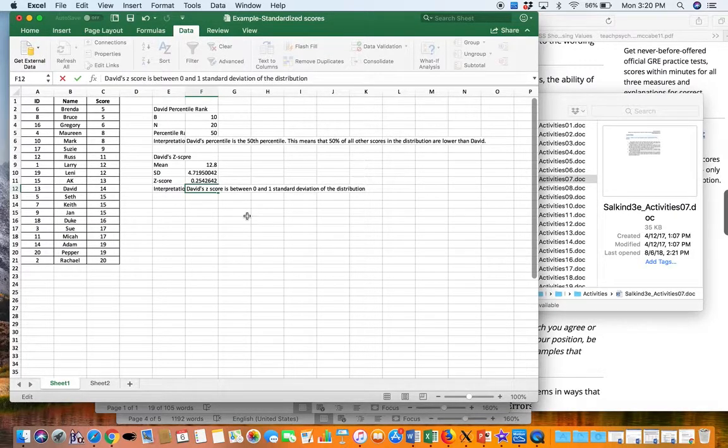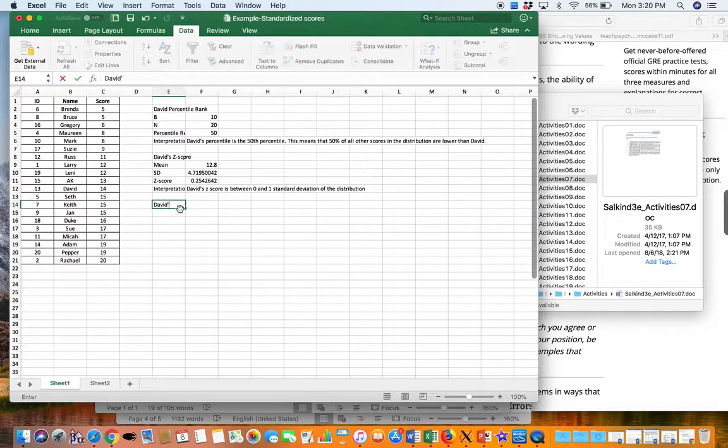How about that? Okay, so it should give you an idea about where his score stands in regards to the distribution right here. So similar to the percentile rank, all these are just different ways to get a sense of where this person stands relative to other people's scores.